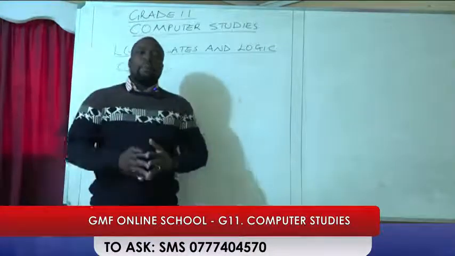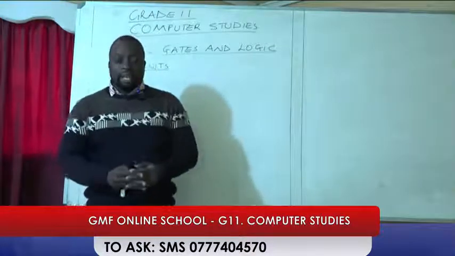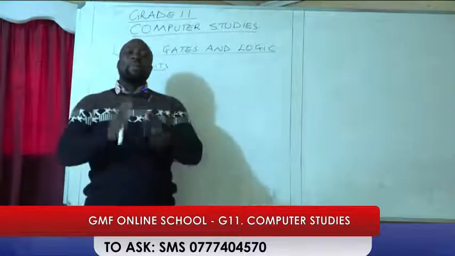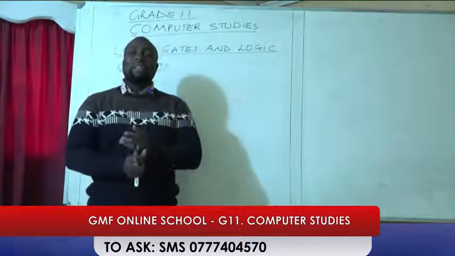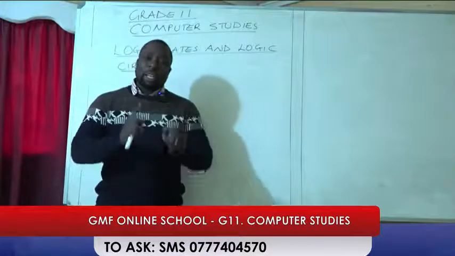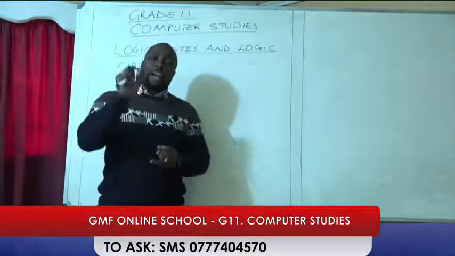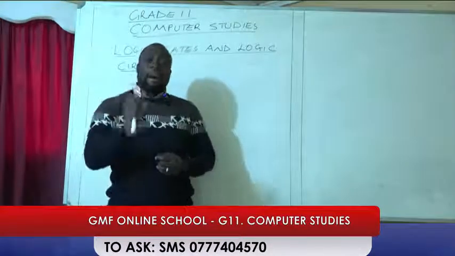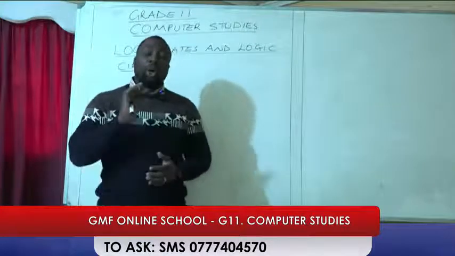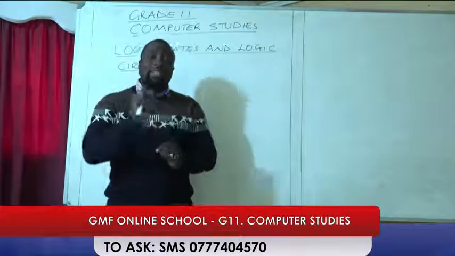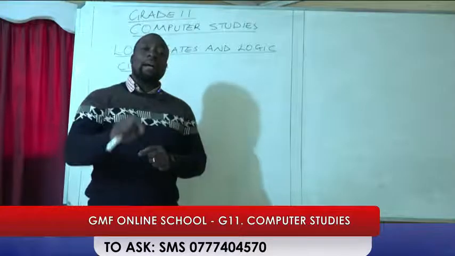Before we go deep into the lesson, let us look at what we are expecting after this lesson. Number one, we should identify the 5 types of logic gates and recognize their symbols.